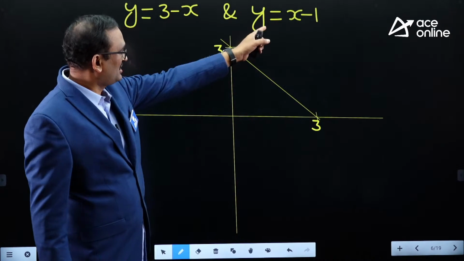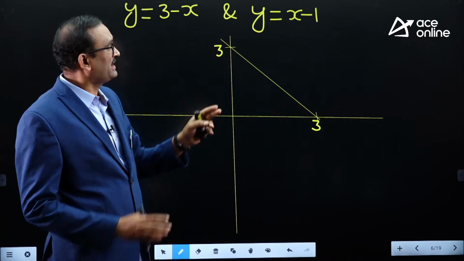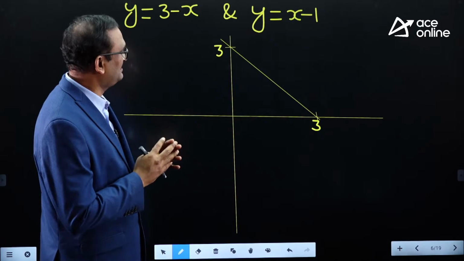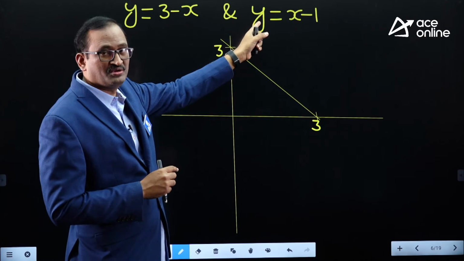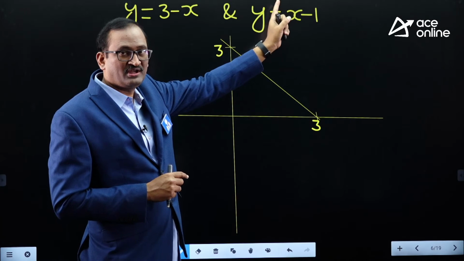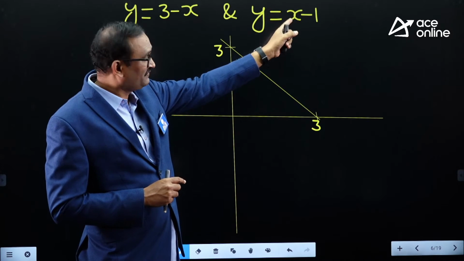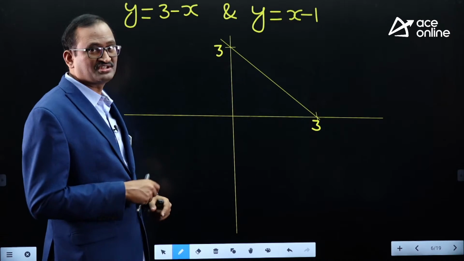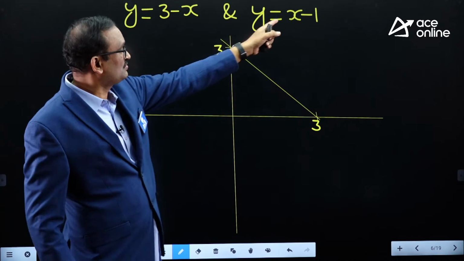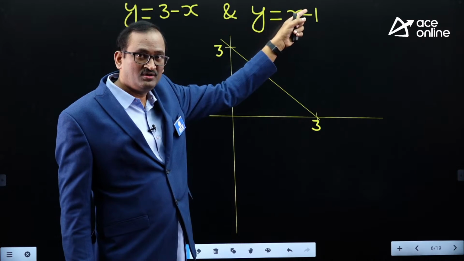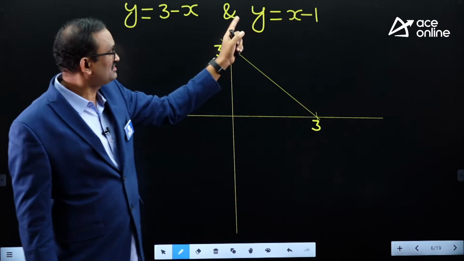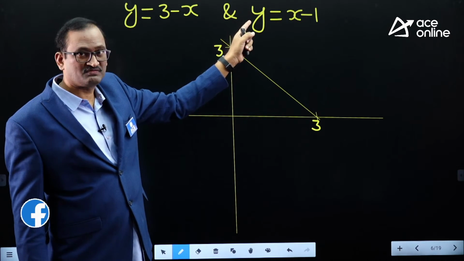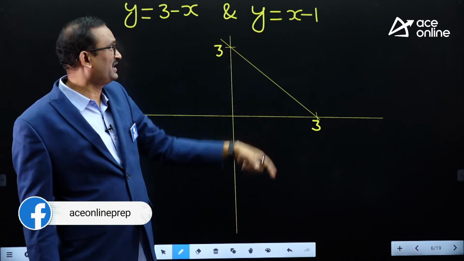Now look at this line. To know where the line touches x-axis, put y equal to 0, x minus 1 equal to 0, x equal to 1. This line will touch x-axis at 1. To know where the line touches y-axis, put x equal to 0. What is y value? Minus 1. Means this line will touch x-axis at plus 1 and y-axis at minus 1.